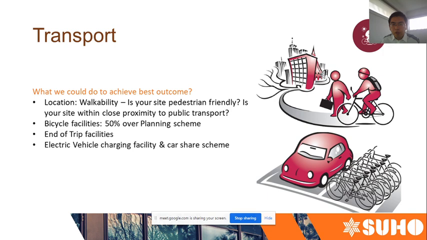So if you have bicycle facilities which is over 50% over the planning scheme, then you can get a point here. Also, the end of trip facilities will become with the bicycle facilities. The other stuff like electrical vehicle charging facilities and car share also plays a big role here.